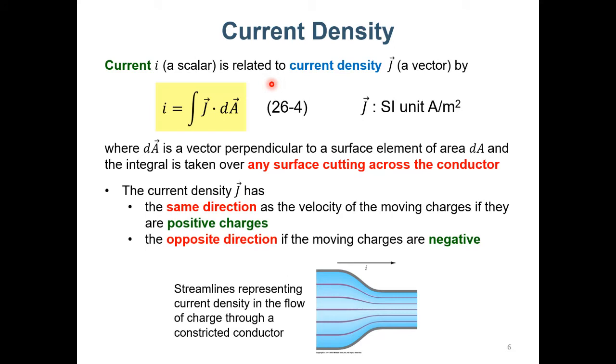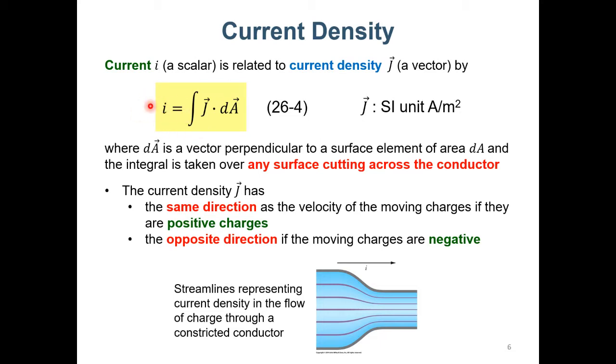Usually when we define a variable, we try to write it as equal to something else with an expression. But here we cannot really define J as a function of I, because we define the current density by this surface integral. This surface integral will be equal to I.